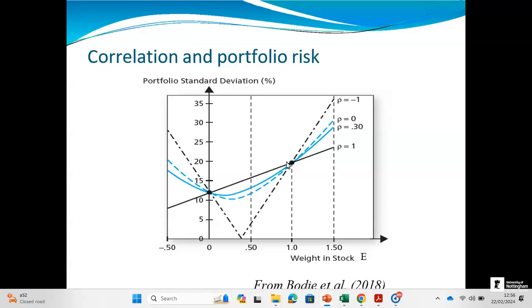I'm not sure if the video will capture this cursor or not. But the closer you get to 100% investment in stock E, the closer you are to here. So the risk reduction will depend upon two things: correlation and how much you're going to invest in each stock.